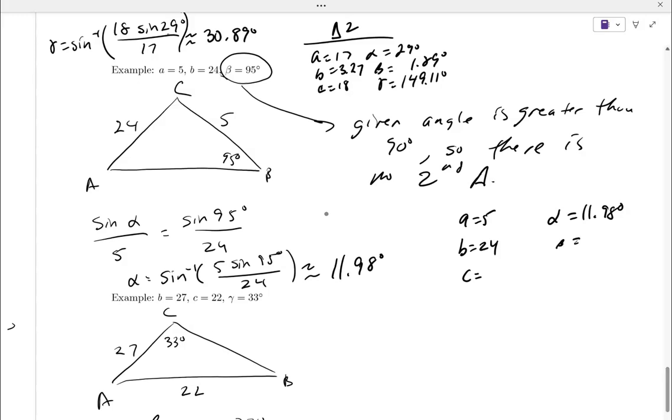Your beta was given to be 95. And then you'll find C and gamma the same way. What did you get for those values? C is 23.04 and gamma is 73.02. Cool. And again, there's only going to be the one triangle in this case.